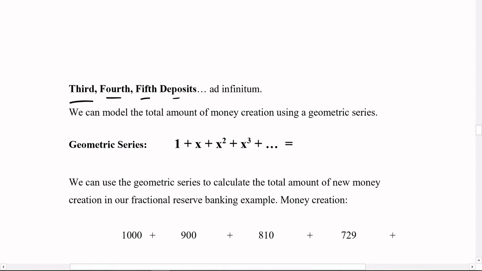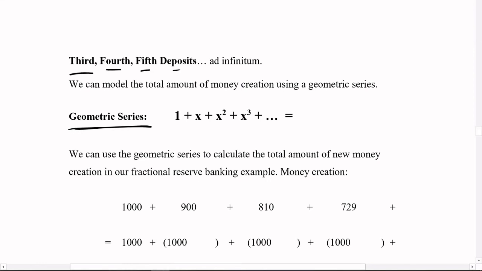And this is something that we can actually model out mathematically. There's this mathematical notation or mathematical formula called the geometric series.